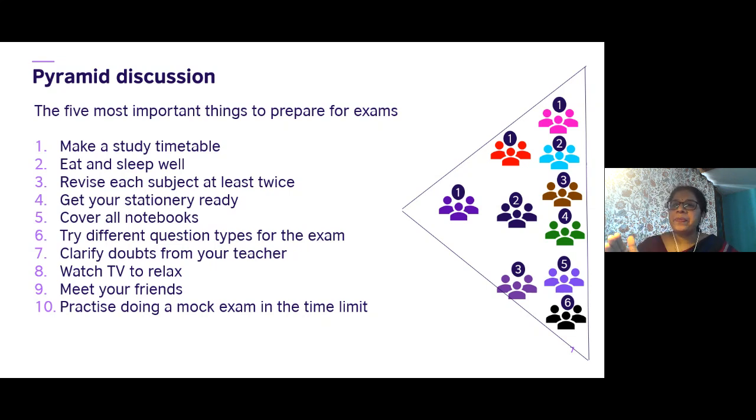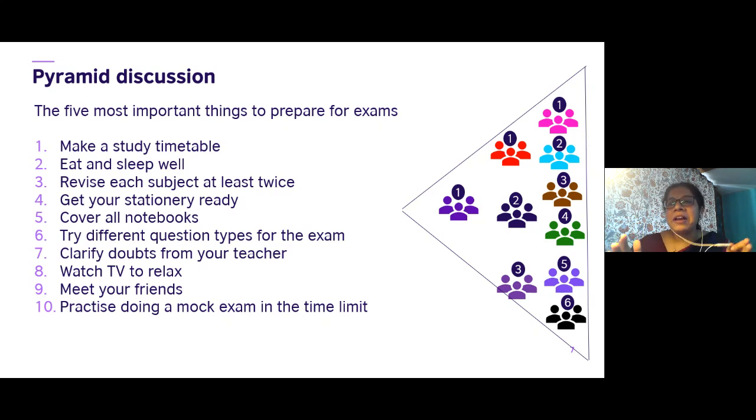After around 2 minutes or so, the teacher will then bring 2 pairs together. That means you will have a group of 4 students who will now get together, discuss the list of 5 that they have, and decide a final list of 5.